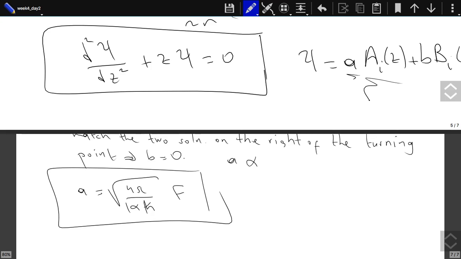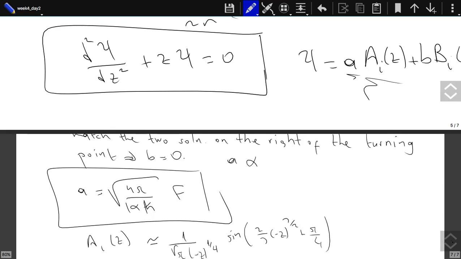And that tells us that for the Ai we should use the other asymptotics. Ai of z is approximately 1 over square root of pi, minus z to the 1 over 4, sine of 2/3 minus z to the 3/2 plus pi over 4.